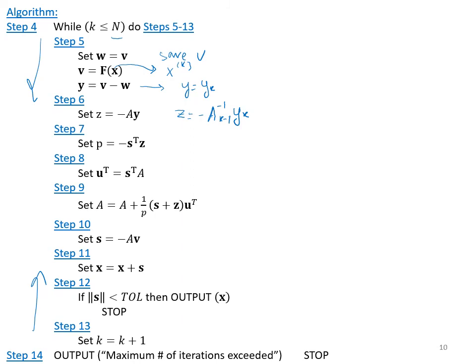Then, step 7, we define P, which is going to be a number where we have the product of vector S at the kth iteration, our matrix A at k minus 1 iteration, and vector Y at the kth iteration.